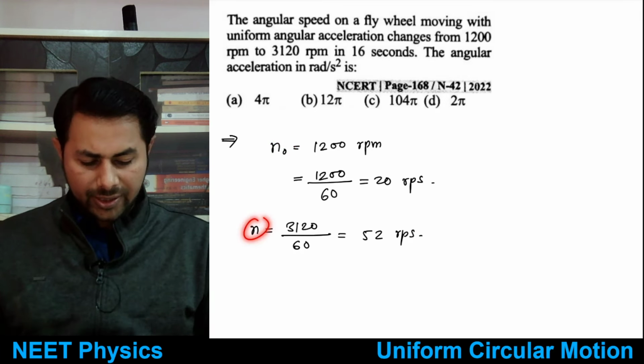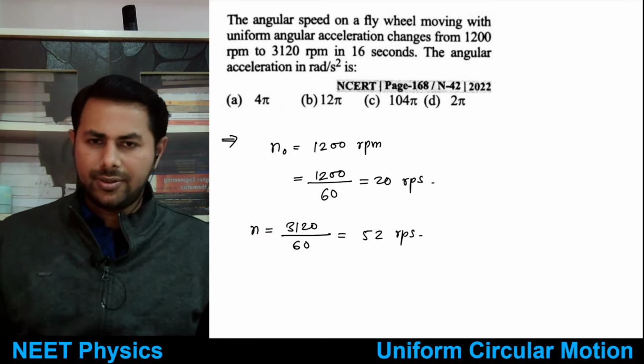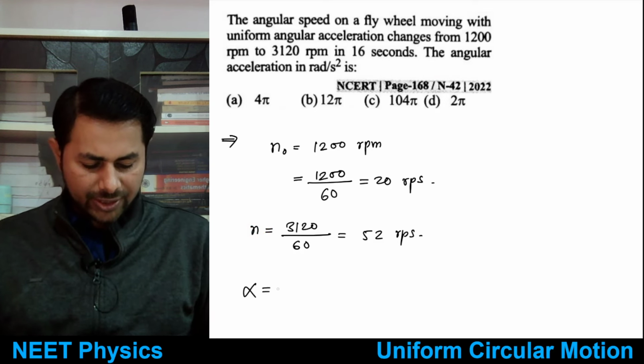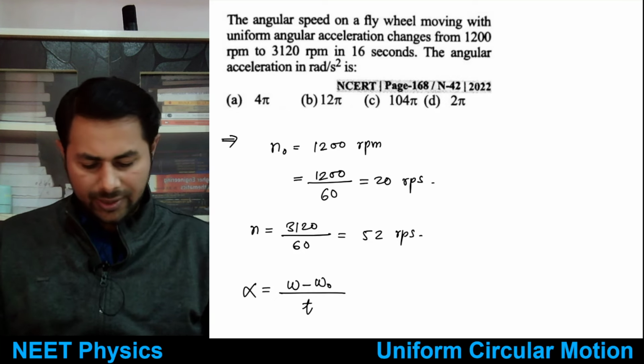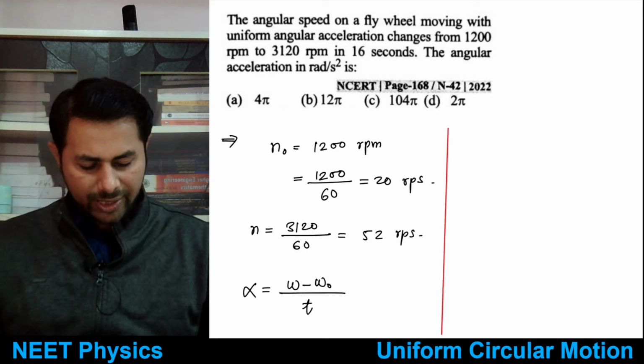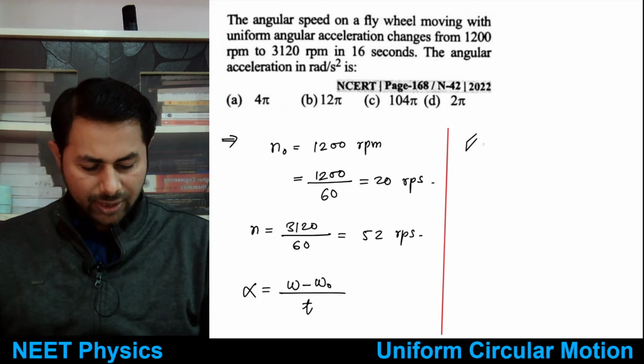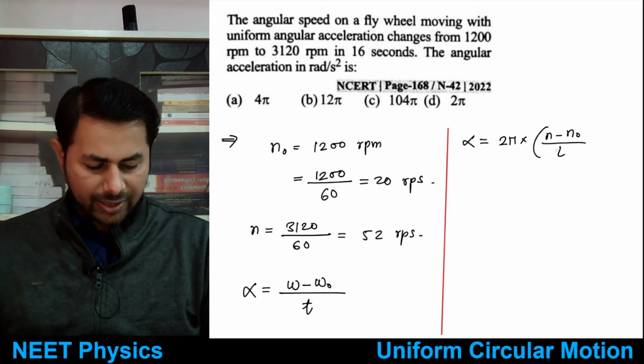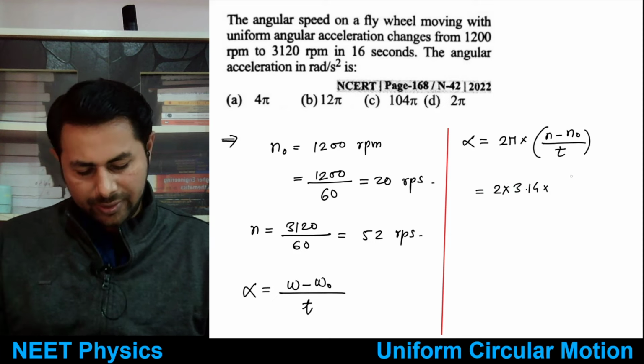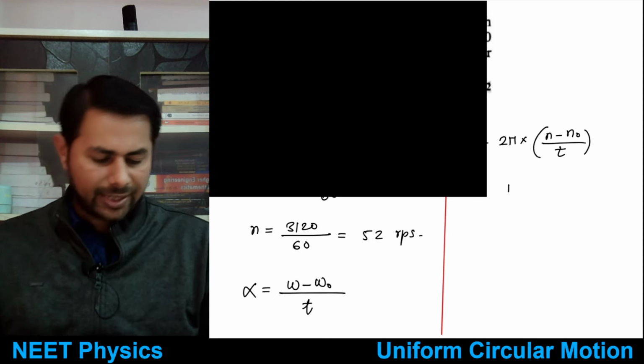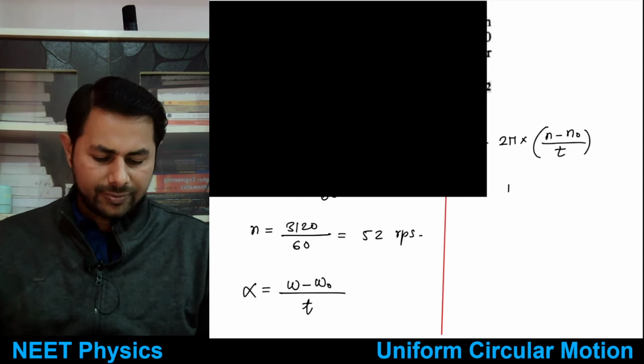So you got the initial frequency, final frequency, and you want angular acceleration. So what is angular acceleration? Alpha is just equal to omega minus omega naught divided by t. In omega and omega naught you can take 2 pi common. So alpha is equal to 2 pi multiplied by n minus n naught divided by t. It's given in terms of pi, so let's keep it like that.